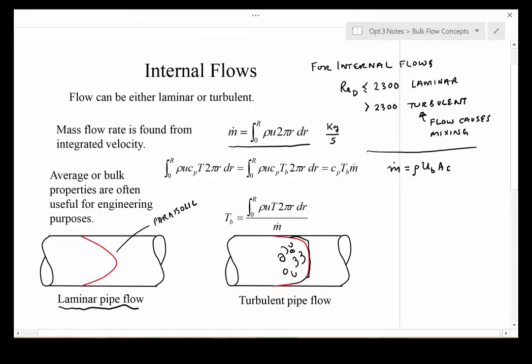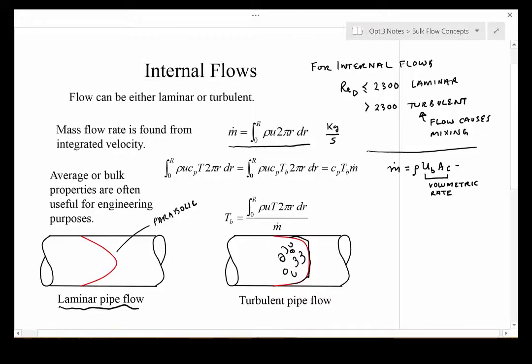Notice that U_b A_c is really a volumetric flow rate, with units of meter cubed per second, times the density with units of kilogram per meter cubed, that gives us kilogram per second.